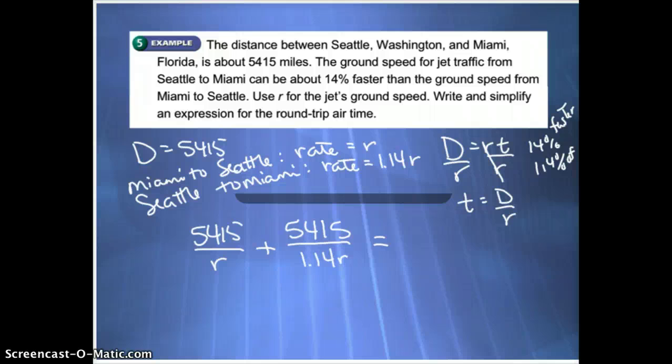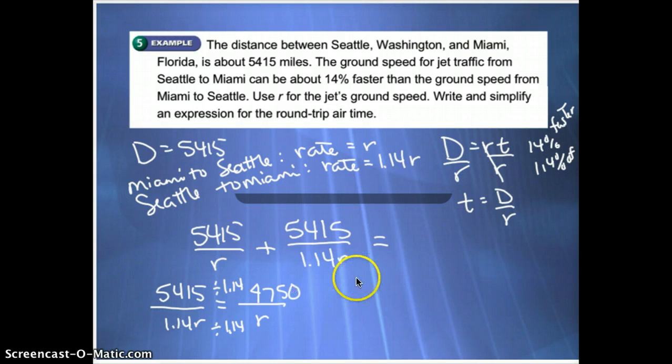So 5,415 over R can stay the same, but then 5,415 over 1.14 R, if I want to change that to something of just R, this time I'm dividing by 1.14 to get to that denominator I want. 5,415 divided by 1.14 is 4,750.